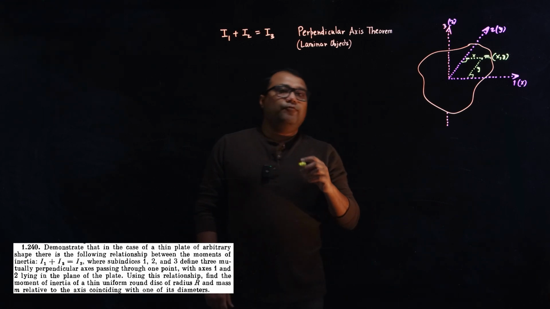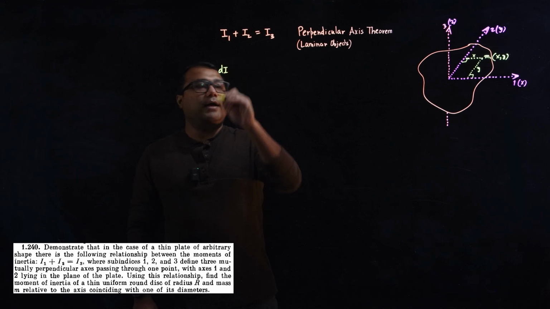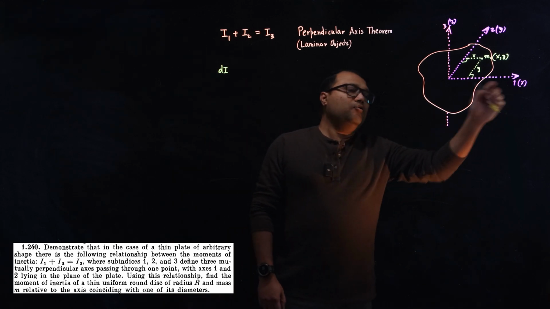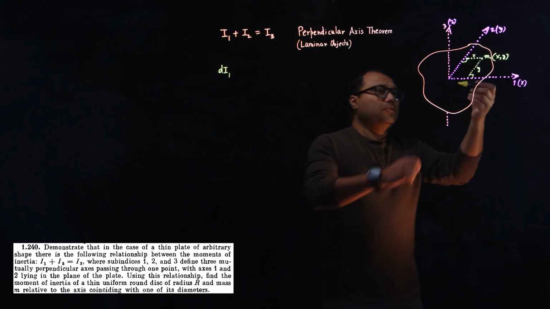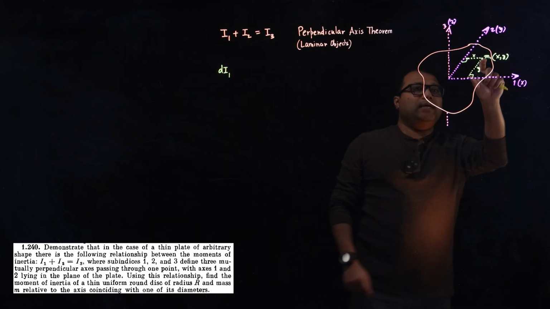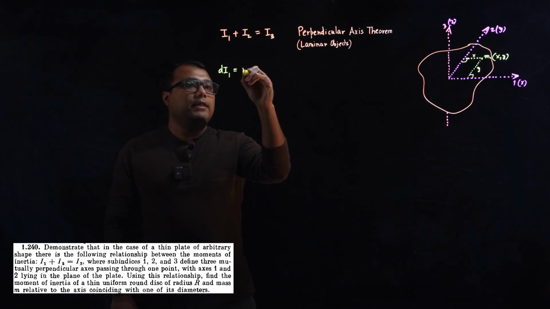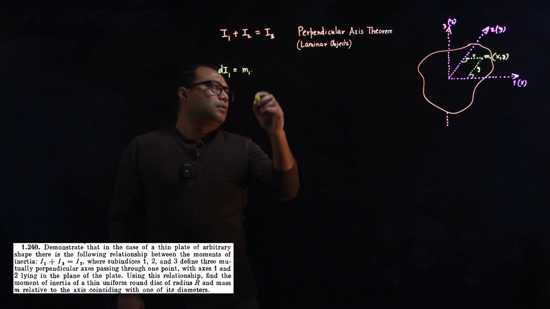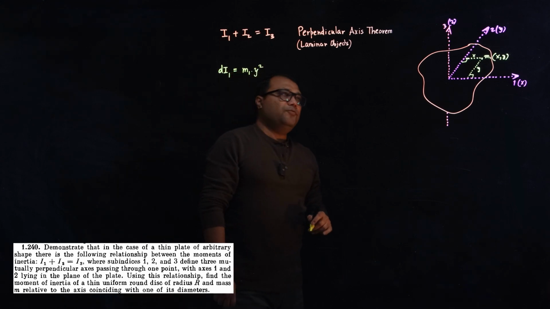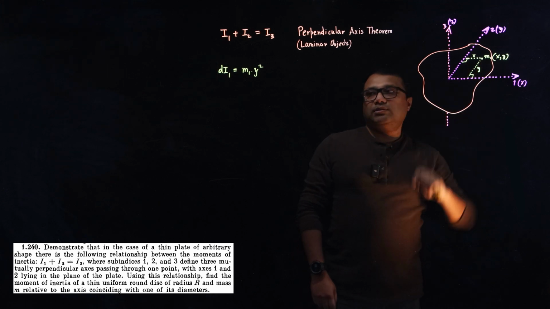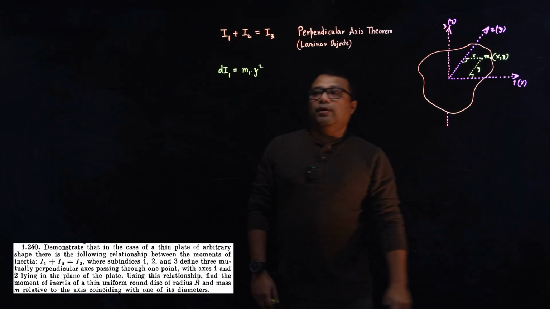So for this m1, we can write dI1, the moment of inertia about axis 1. This m1 is at a distance y, so m1 y square is the moment of inertia of the small mass m1 about axis 1.